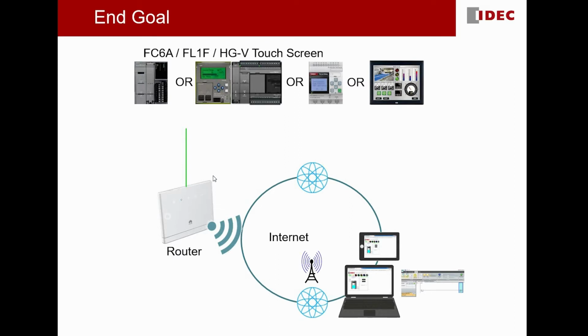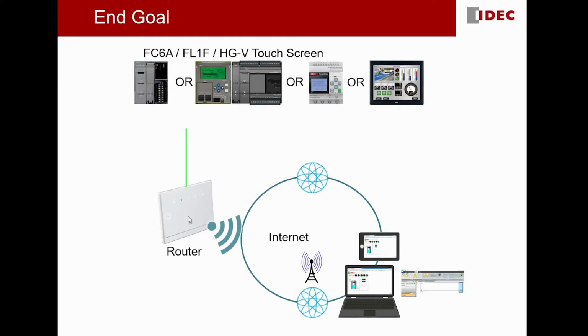All right, let me give a very quick introduction to the setup I have to demonstrate this remote access. I have an FC6A plus PLC with Ethernet port 1 of this PLC physically connected to an internet router, and this internet router comes with the virtual server feature.